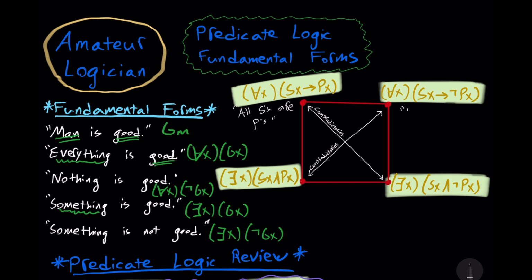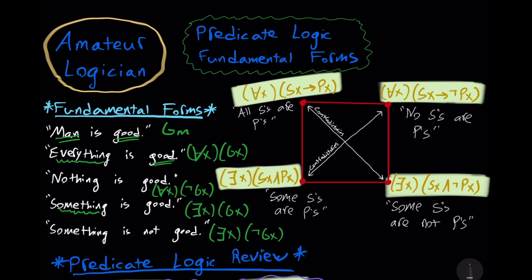Here we have no S's are P's. Here we have some S's are P's. And here we have some S's are not P's. Or we might say there exists an S that is not a P.